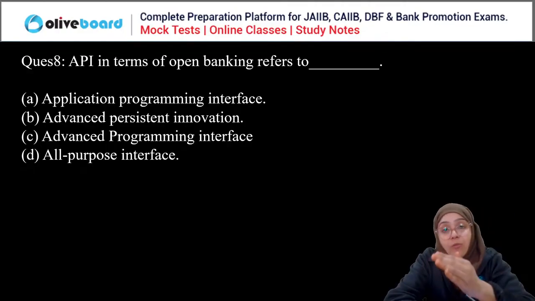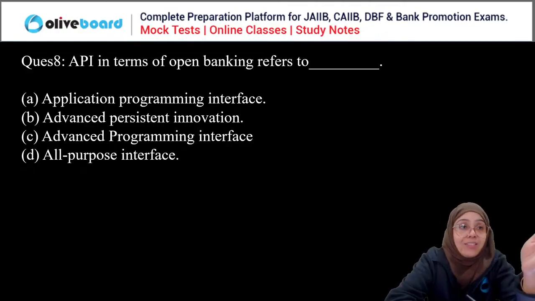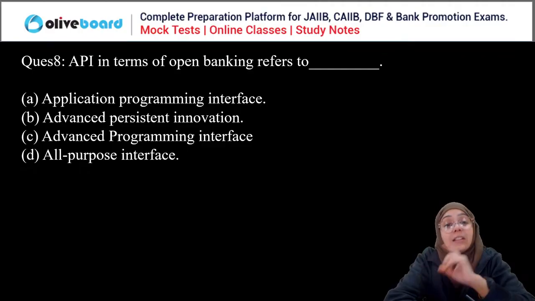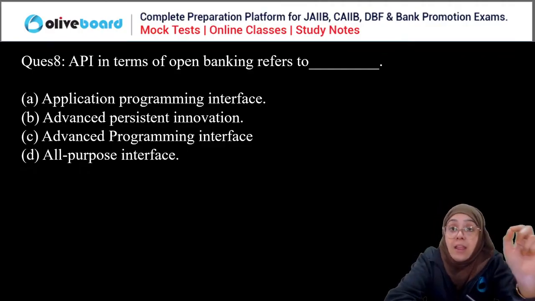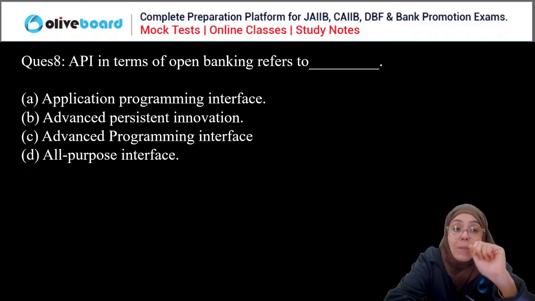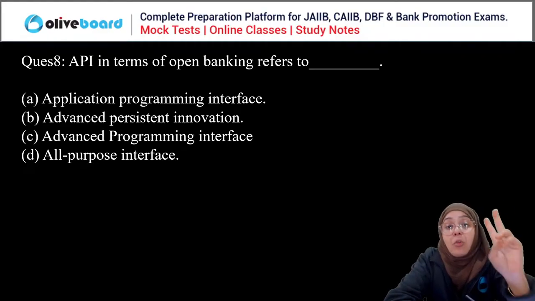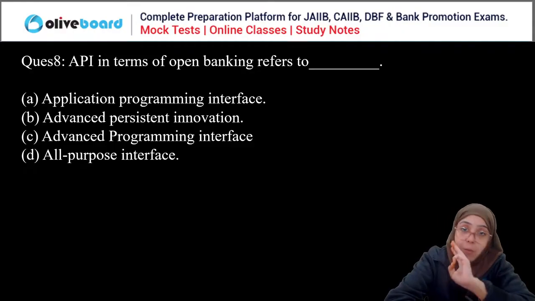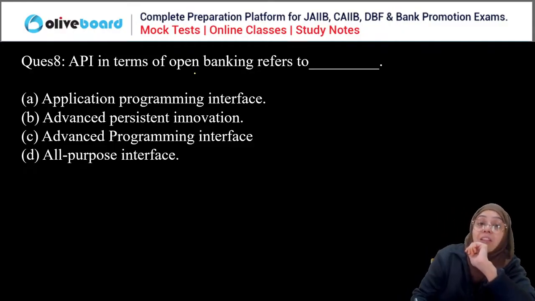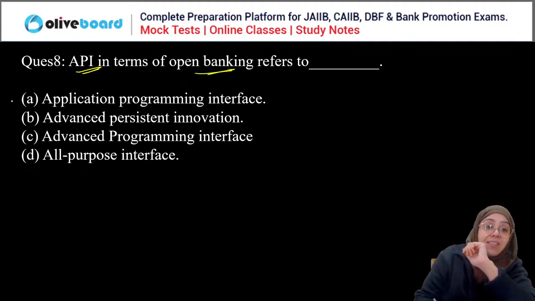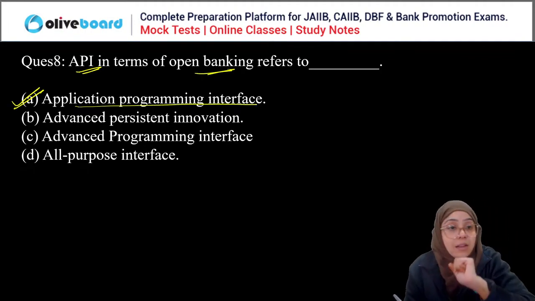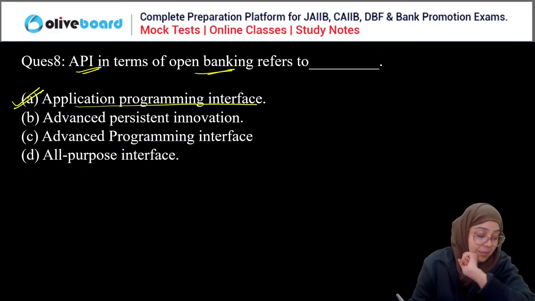So sharing this information of the customer to any third party vendors or service provider is called open banking. And when we are talking about open banking, application programming interfaces are used for sharing this information. So in open banking, the technology which is used is called API, application programming interface. Clear? Done is the correct answer.